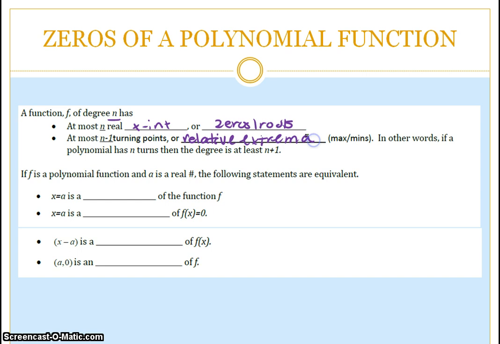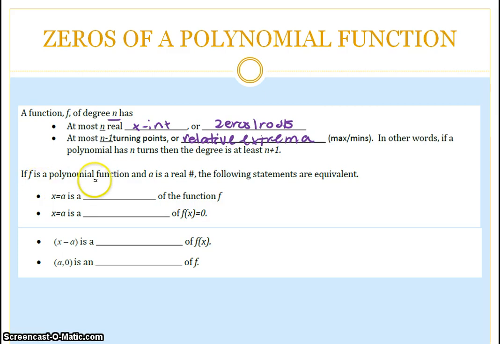The relative extrema are the maximums and minimums. So if it is degree 5, it has at most 4 turning points. If you think of a quadratic, degree 2, it has at most 1 turning point. So the number of turning points is more or less 1 less than the degree.